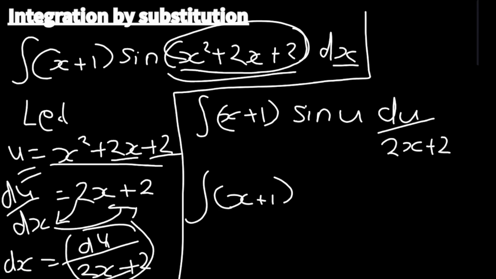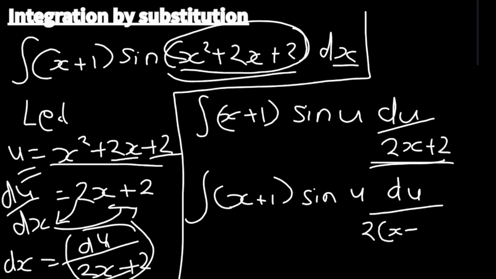Now note here 2x plus 2 can be factored further, and we will have 2 times (x plus 1), because 2 times x is 2x and 2 times 1 is 2.